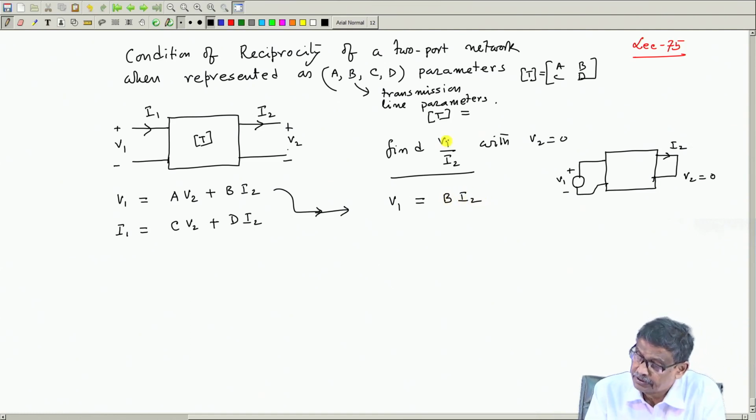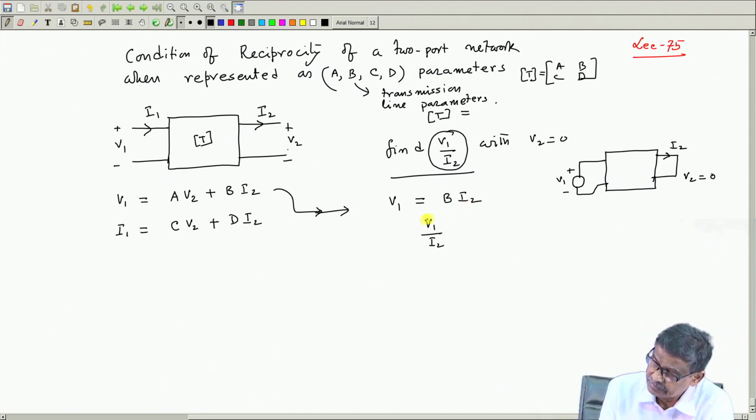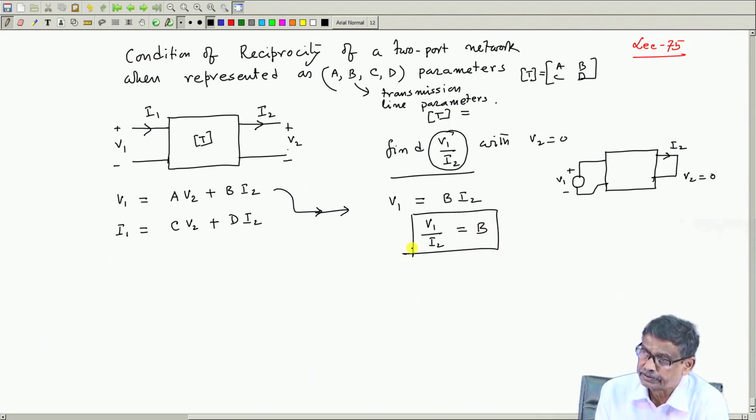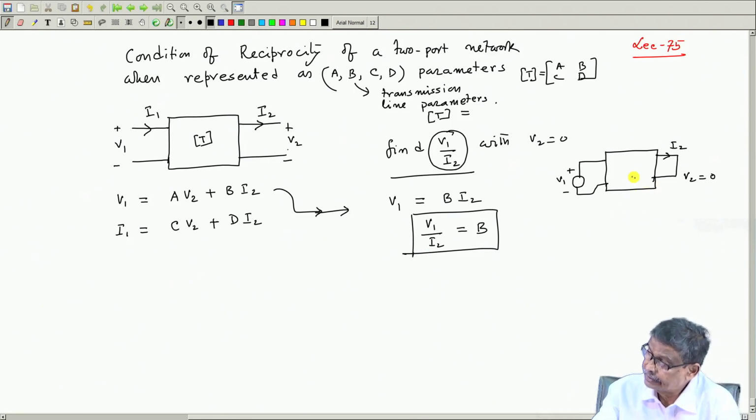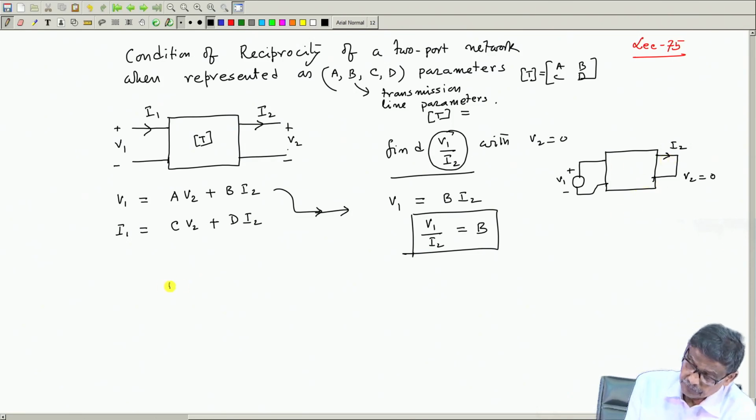That is very nice because I want V1 by I2 and I have got it. That is the transfer impedance, V1 by I2, and this will become equal to B. Keep this, this is an important result.